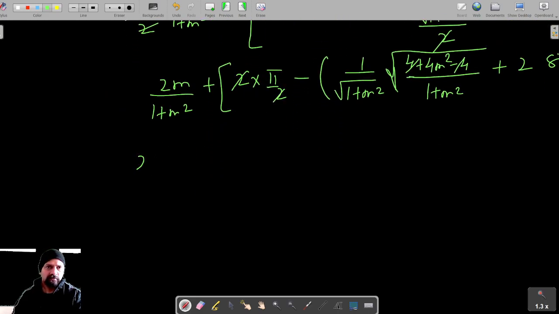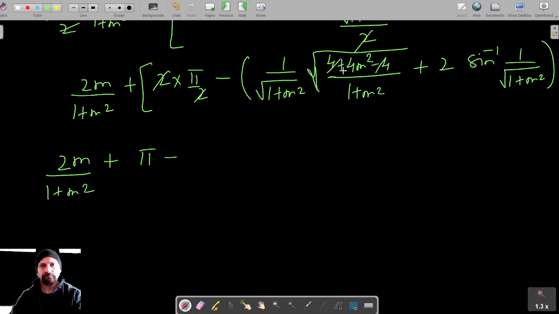2 and 2 get cancelled, so finally we have 2m upon 1 plus m square minus. So under root 4m square is 2m, and under root 1 plus m square into under root 1 plus m square is 1 plus m square, minus 2.